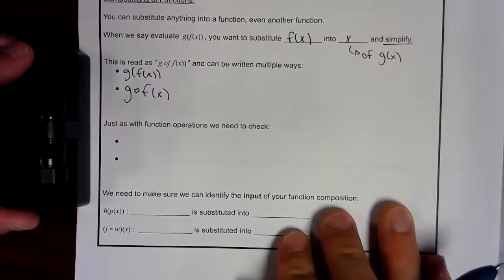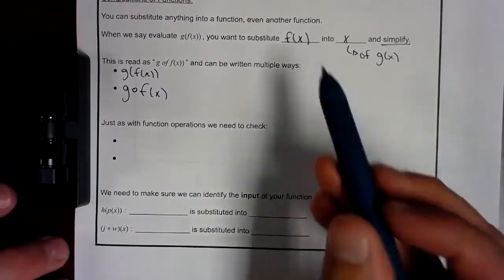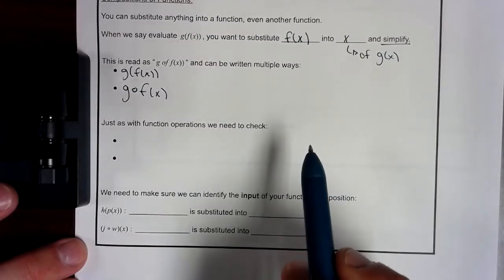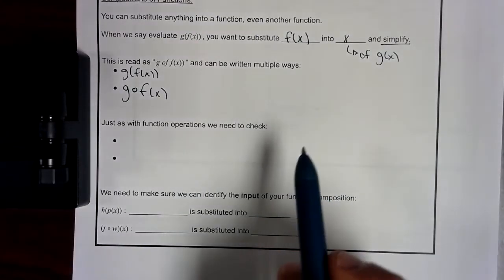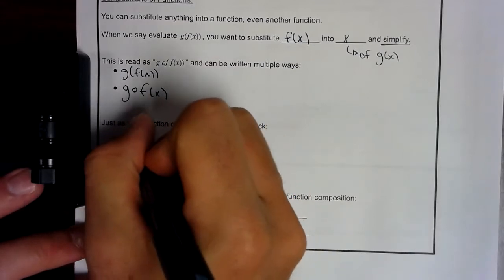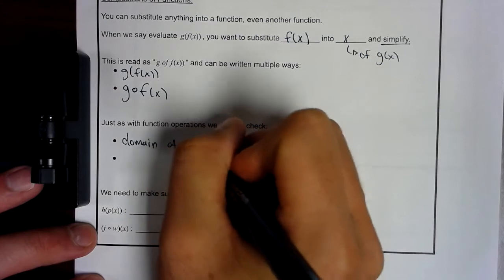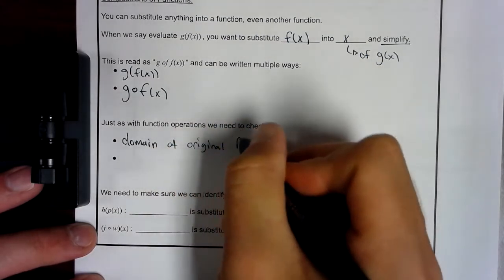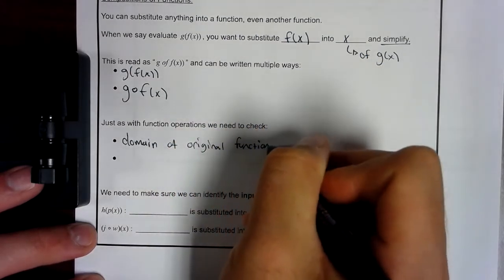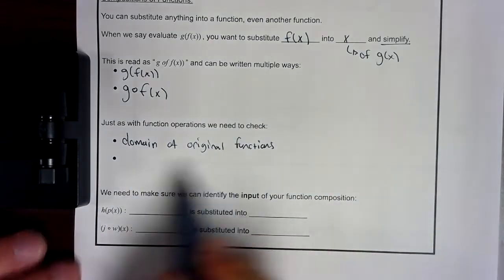Now, an additional thing we're going to do besides just finding these functions is we're going to look for their domains. When we do this, we immediately need to find the domain of the original functions. And the reason for that is because we are limited by those domains.